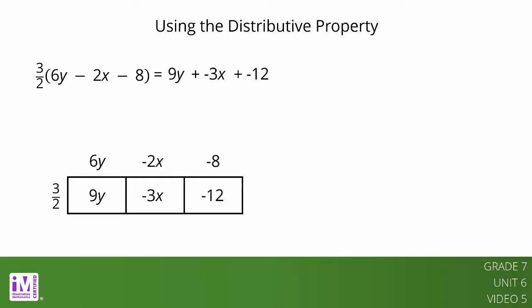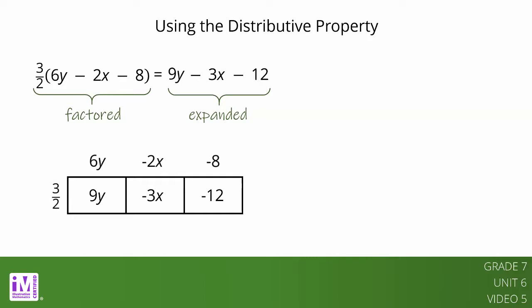We can also rewrite adding a negative as subtracting a positive. In this example, we expanded the expression, which means we used the distributive property to rewrite a product as a sum or a difference. So these expressions are equivalent.